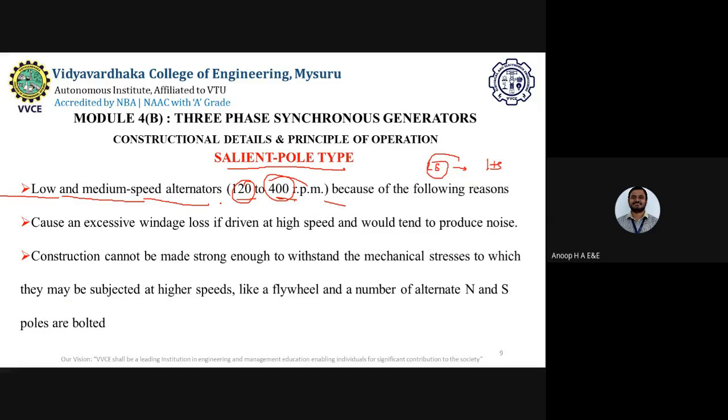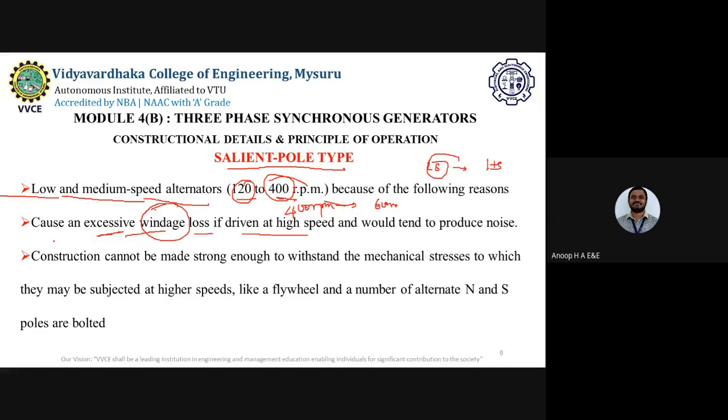So depending upon the application, there can be excessive damage and loss if it is driven at high speed. Now if I use the same construction and want to drive it at more than 400 rpm, say raise it to 600 rpm, what will happen if there is a rise in speed?